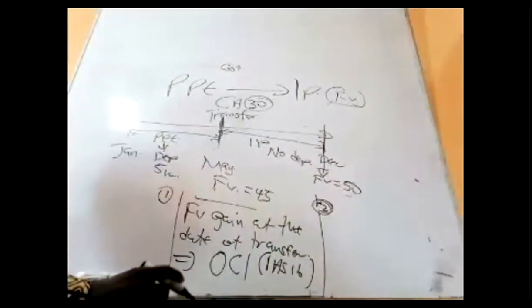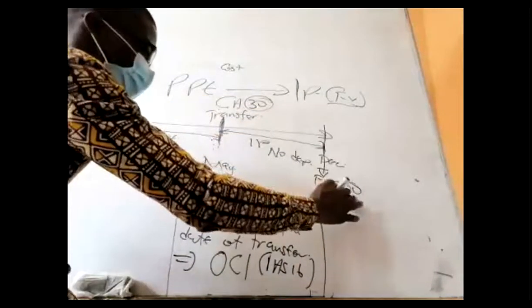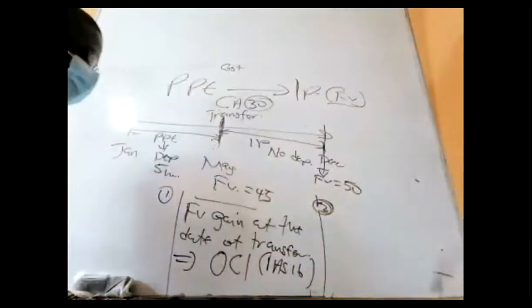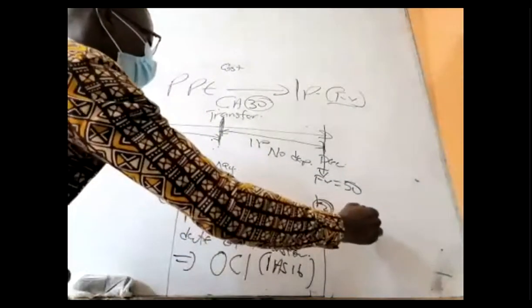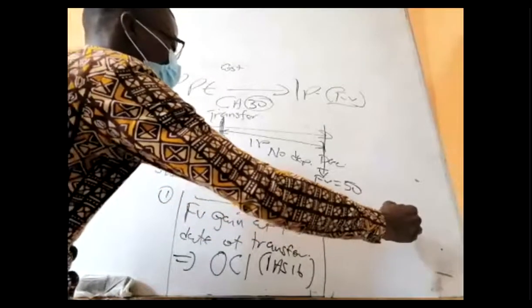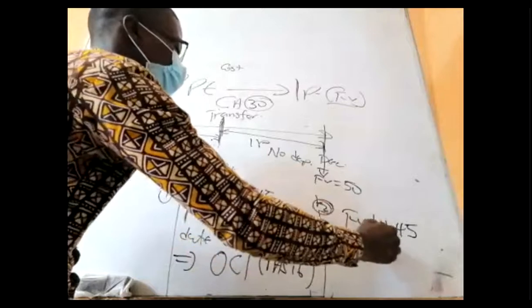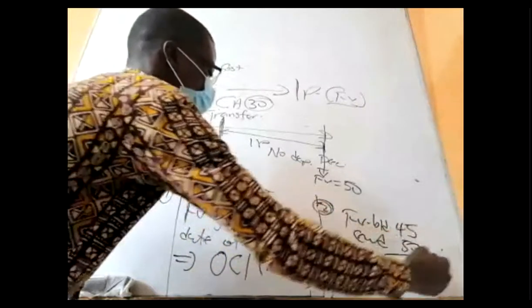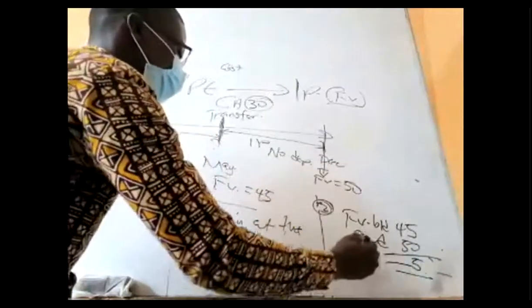The second one is the fair value gain at the end of the reporting period. So fair value brought forward, at the start, is 45. At the end it is 50. So there's a gain of 5. This 5 should be reported in the P&L.